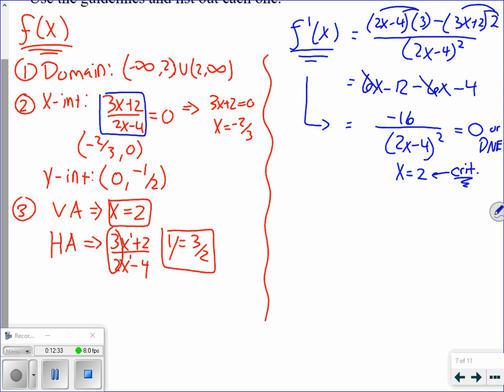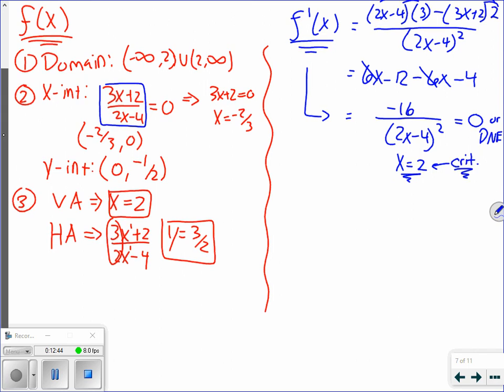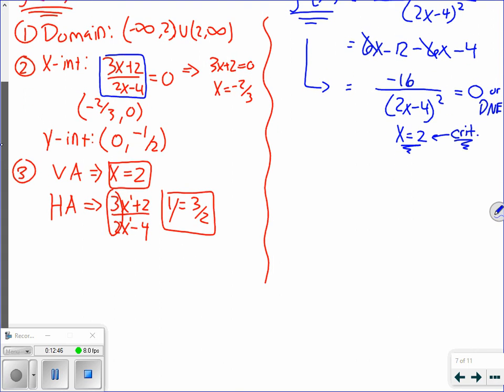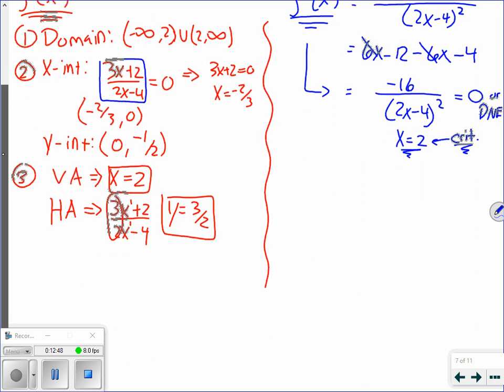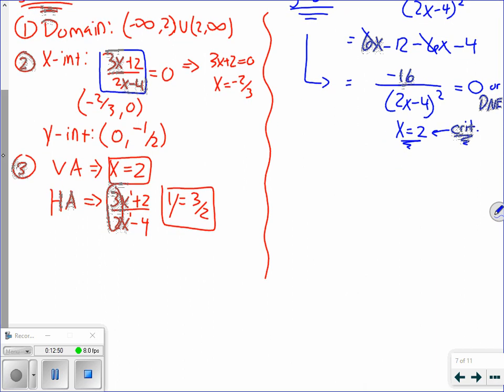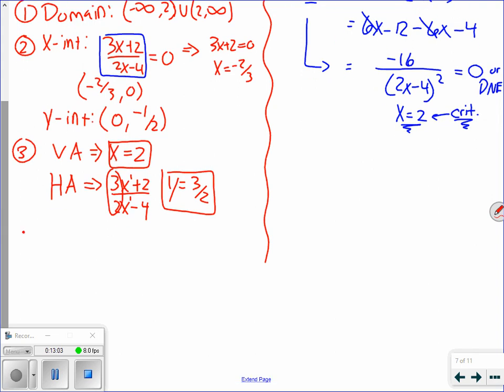So whenever we identify all our critical points, we start to make a number line. I want to do my number line below because we're going to be using our number line to graph here in a sec.